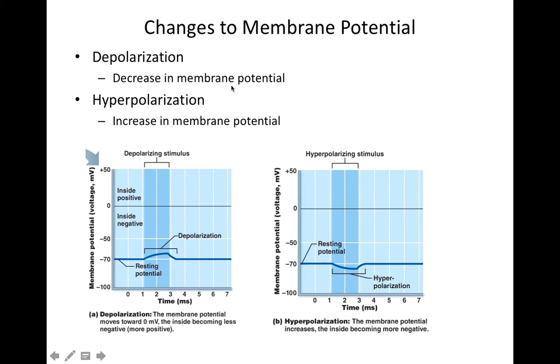Membrane potential is decreasing. Hyperpolarizing, hyper means above, we are taking the difference and we are making it much larger, so we are increasing the potential. So anything that takes us closer to zero, depolarizing. Anything that takes us farther away is going to be hyperpolarizing.